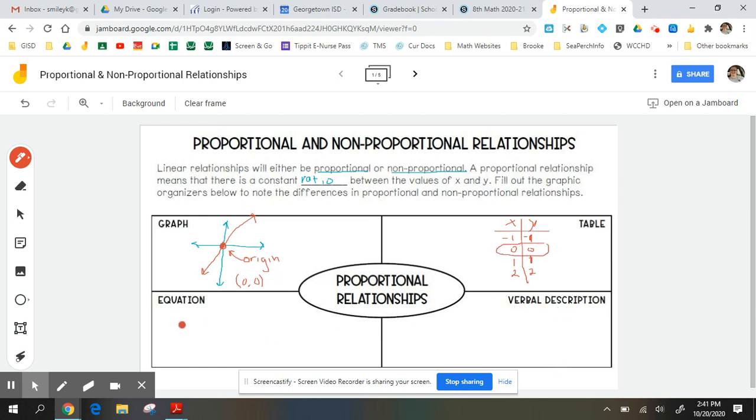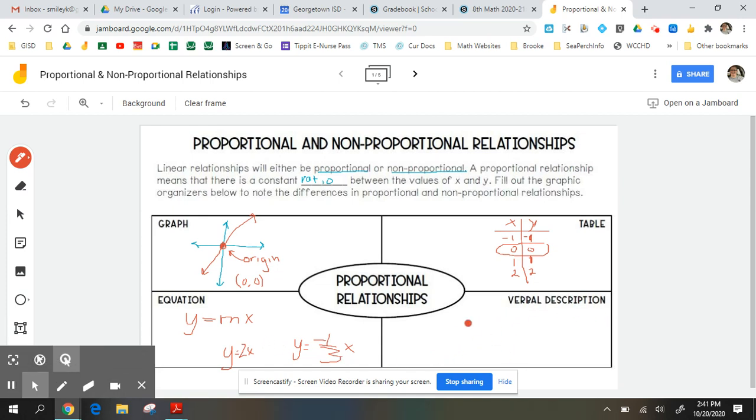An equation is going to be y equals mx, where m is your slope. So maybe, for example, y equals 2x. Or for another example, y equals 1/3 x. All right. And a verbal description.